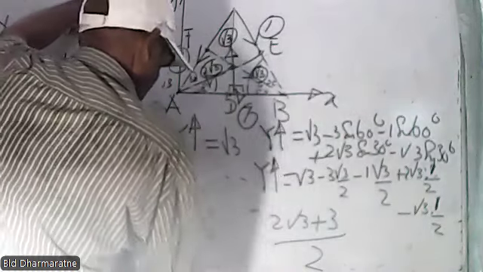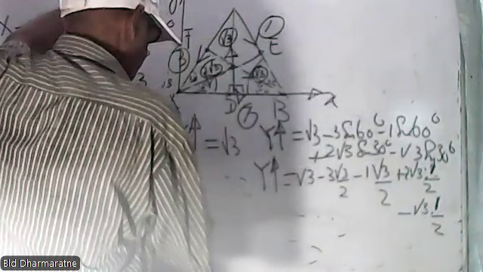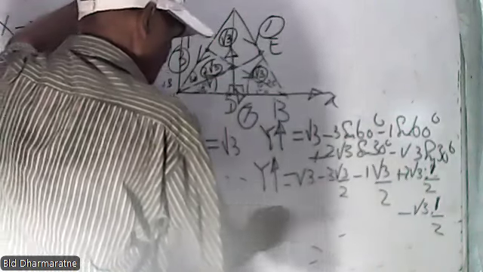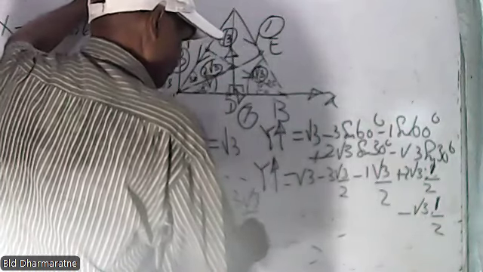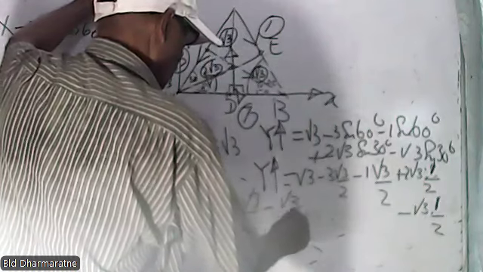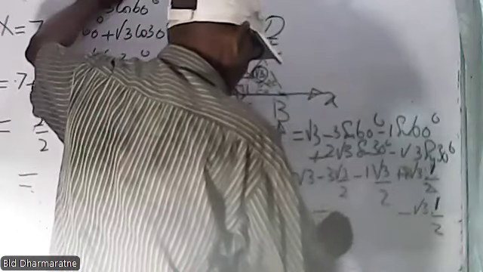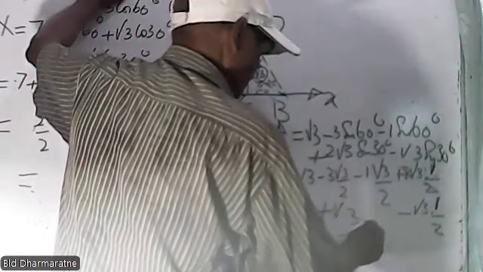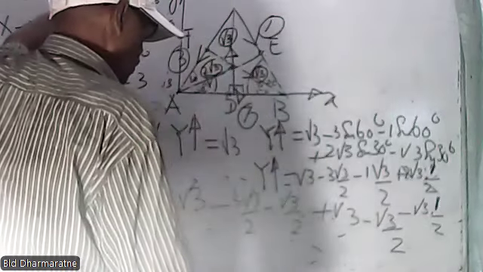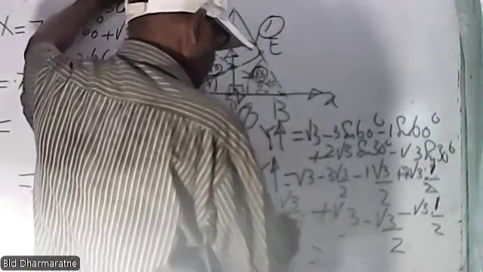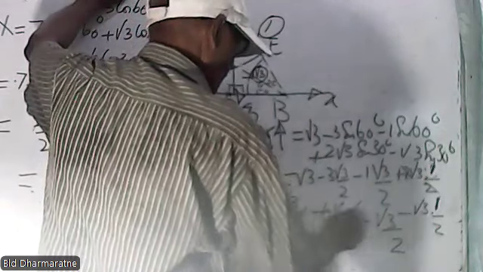When we take root 3 over 2 minus 2 root 3 over 2, the 2s cancel, and the remaining terms cancel.